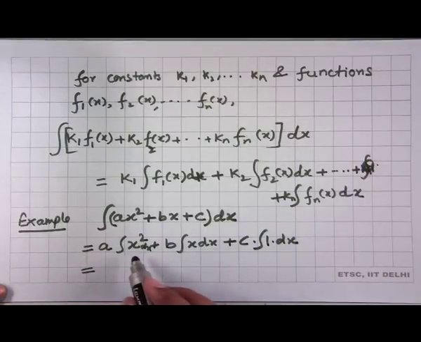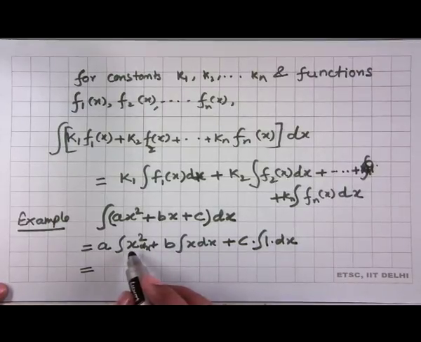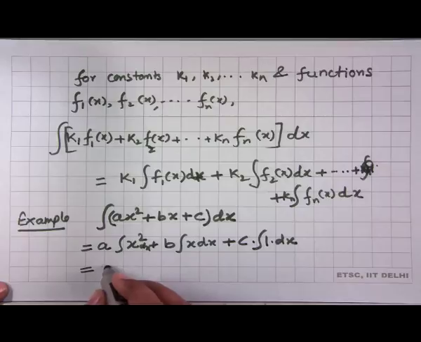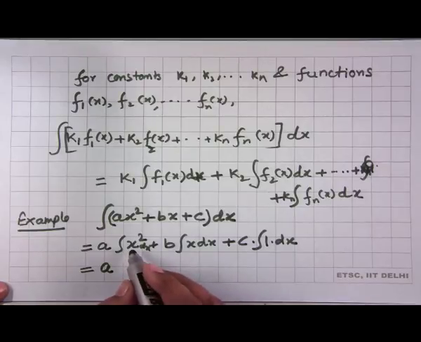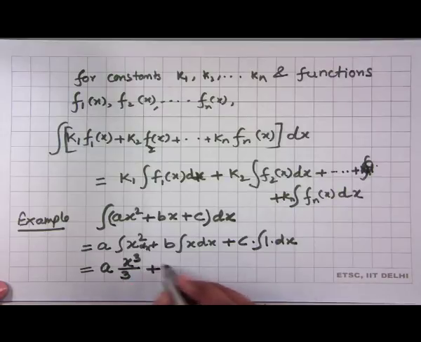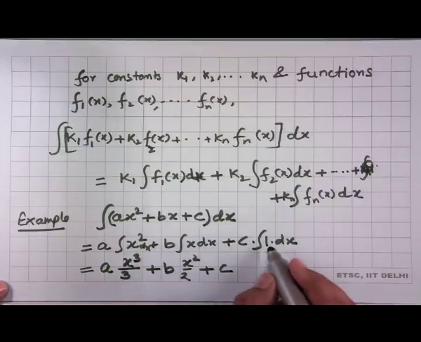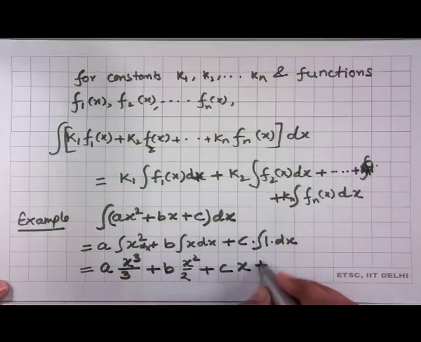We have already seen, or we can even use the method of antiderivative here, that if we differentiate x cube by 3, we will get x square, and therefore we can write this as a x cube by 3, plus b x square by 2, plus c times x, because if we differentiate x you will get 1, therefore the function x should appear here, and finally the constant.